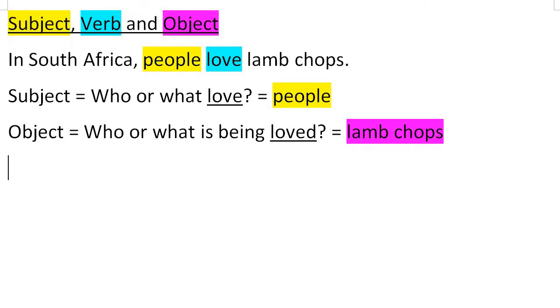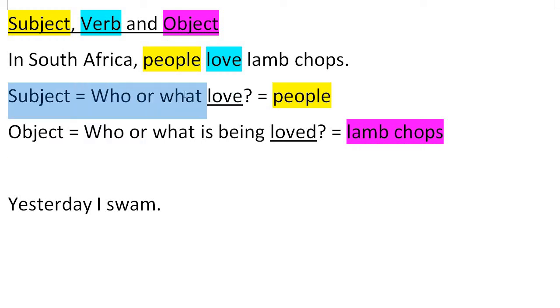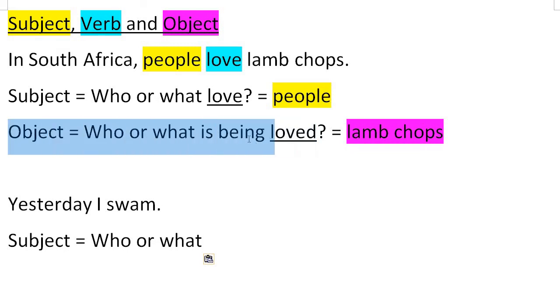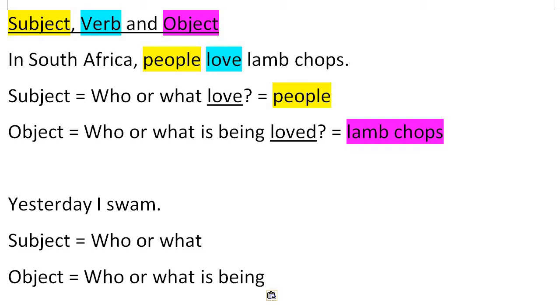Okay, let's do a different one. Yesterday, I swam. Okay, so we put that one in past tense, make it a little different. Right, so let's follow the rules again. Subject, who or what, object, who or what is being. All right, and we still need to figure out what the verb is, which is quite simple.